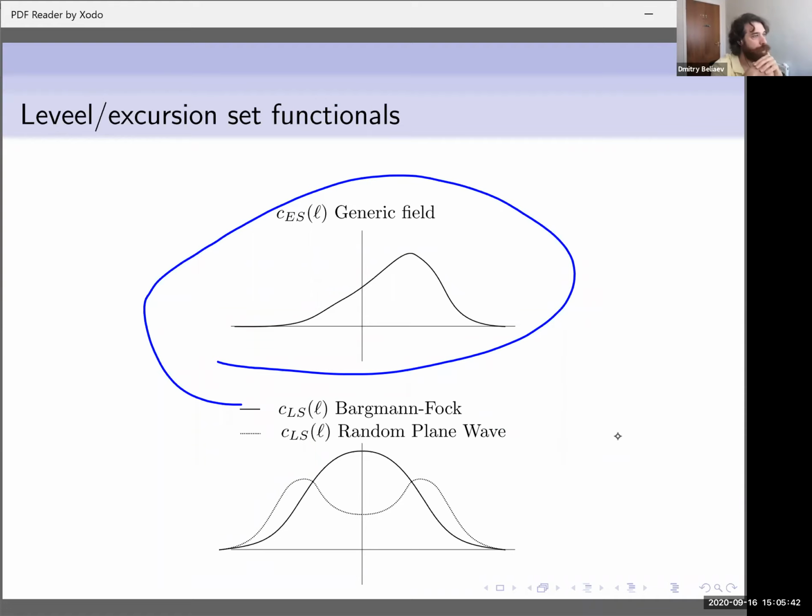And then for level sets, the picture is a bit more complicated. It could do different things. For example, for Bargmann-Fock, we believe that it's this type of thing. And for random plane wave, we know that there are two local maxima and a local minimum, but maybe the picture is more complicated, though we believe that it looks like this.